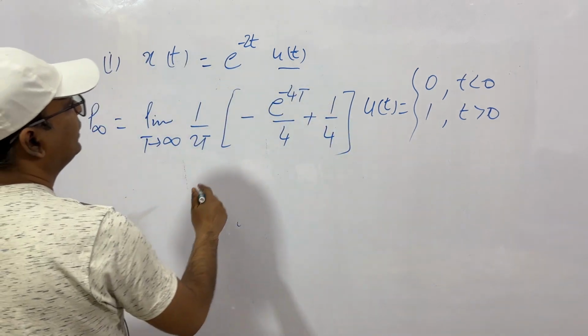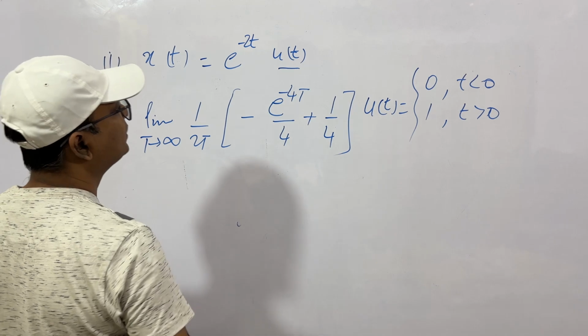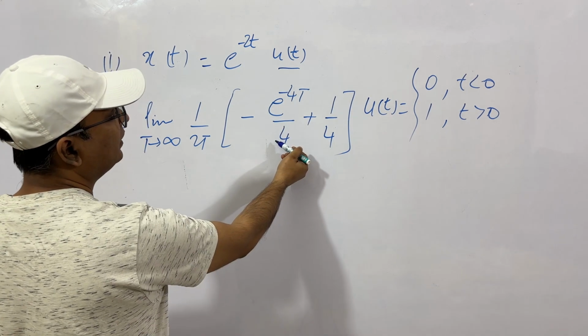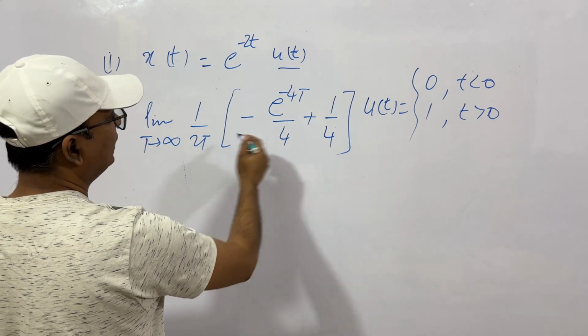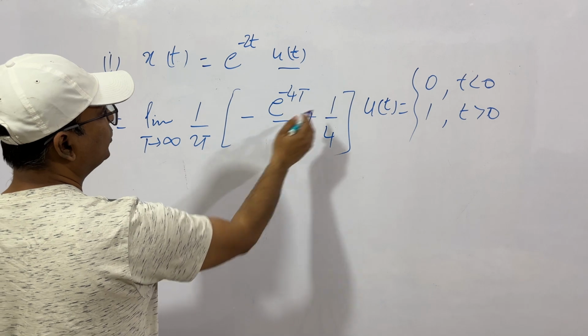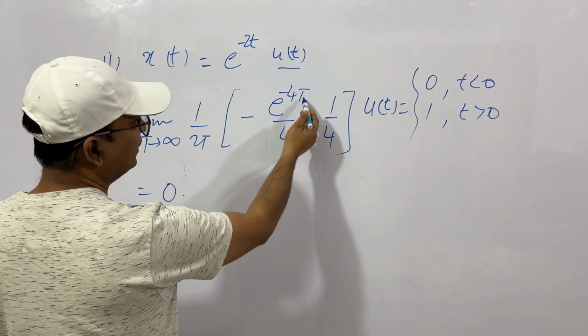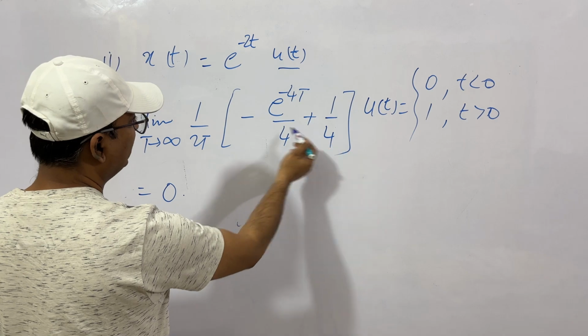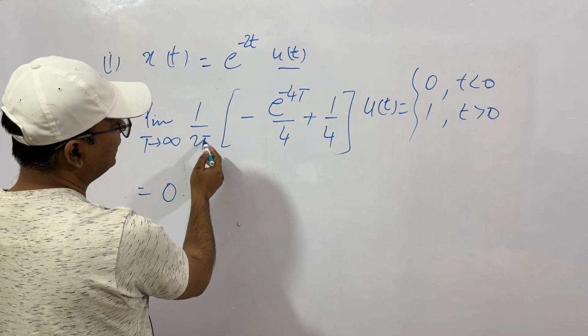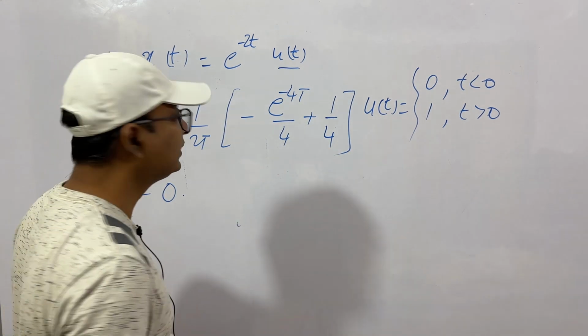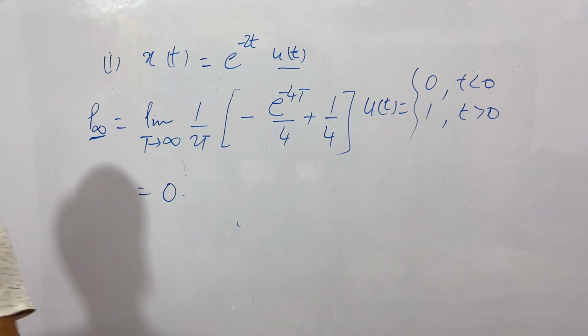Now, when t tends to infinity, this term has t in the denominator, so it will be 0, and 1 by 4 by infinity will be 0. Clear? Again, t is infinity, so 1 by 4 by infinity is 0. So P infinity is 0, while E infinity is 1 by 4.